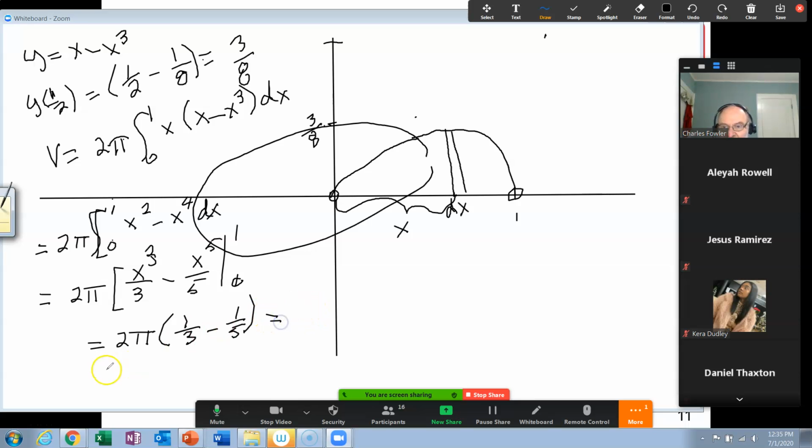Well, that is 5/15 minus 3/15, which is 2/15, so that would be 4/15 pi. At least that's what I hope the answer is. And look at that, the book got it right. 4/15 pi.